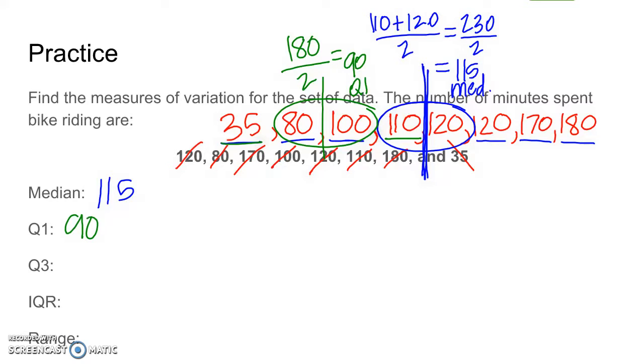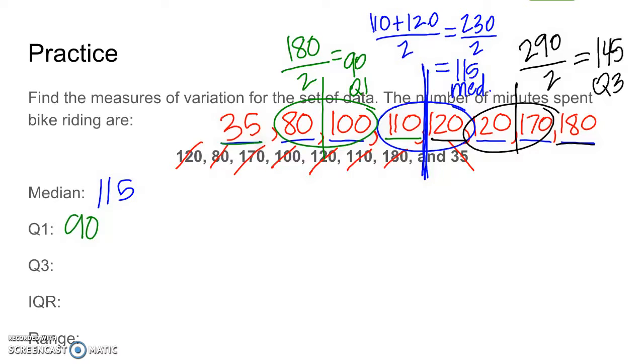Alright, next let's do Q3. So I'm going to cross out 120 and 180, and I get two numbers in the middle again. So Q3, I add those and get 290 divided by 2, and that would give me 145 is Q3. Okay, 145 is Q3.